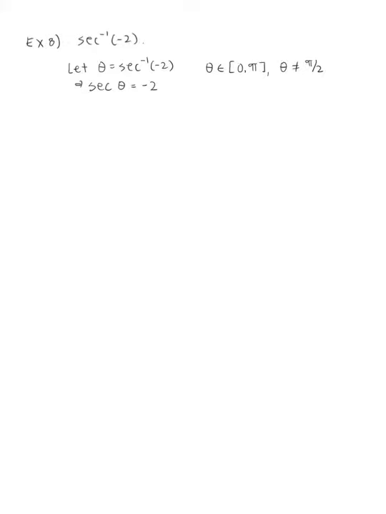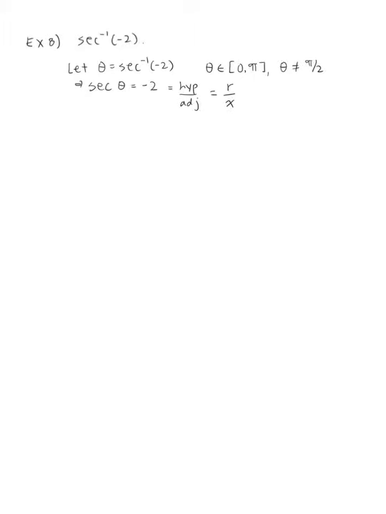Okay, so we're going to do the same exact thing. So secant is 1 over cosine, which is 1 over adjacent over hypotenuse. So secant is going to be hypotenuse over adjacent of the triangle. Or if you like x, y, and r, this is the same thing as r over x.